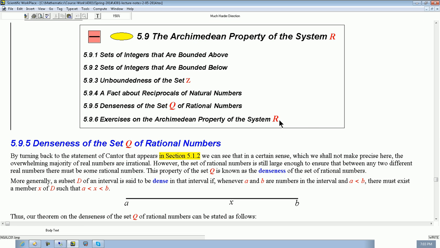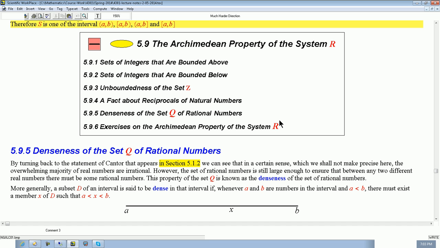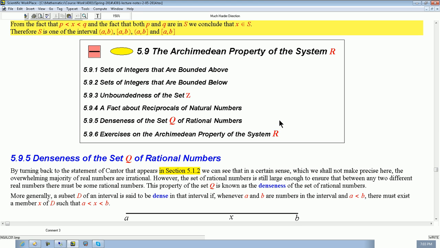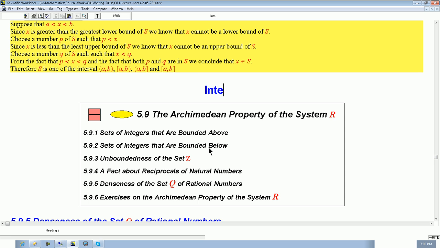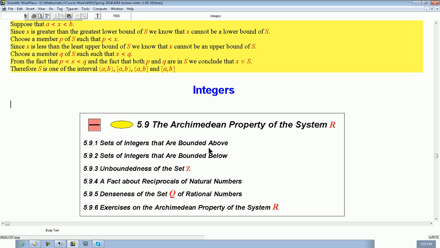Now, I want you to take a brief look in the text about integers. I'm going to make a quick statement to you about integers. The least positive integer is 1. Is that a reasonable supposition about what integers do?